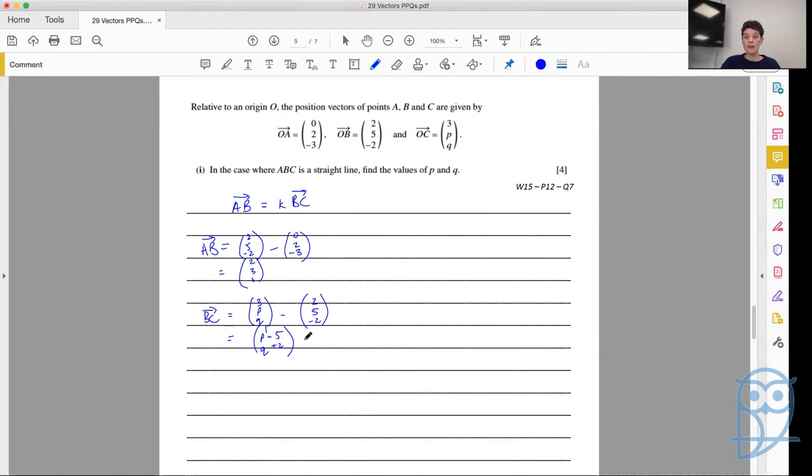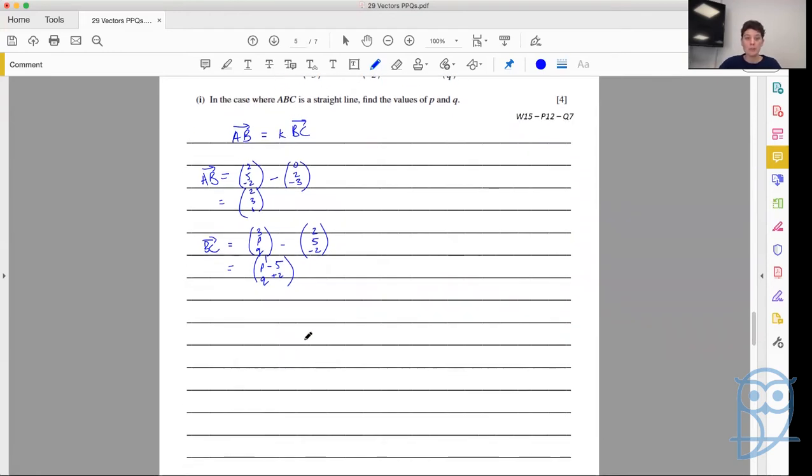So we've got our vectors that we're going to work with. Now we put them into our relationship. So we have that 2, 3, 1 equals K times 1, P minus 5, Q plus 2.